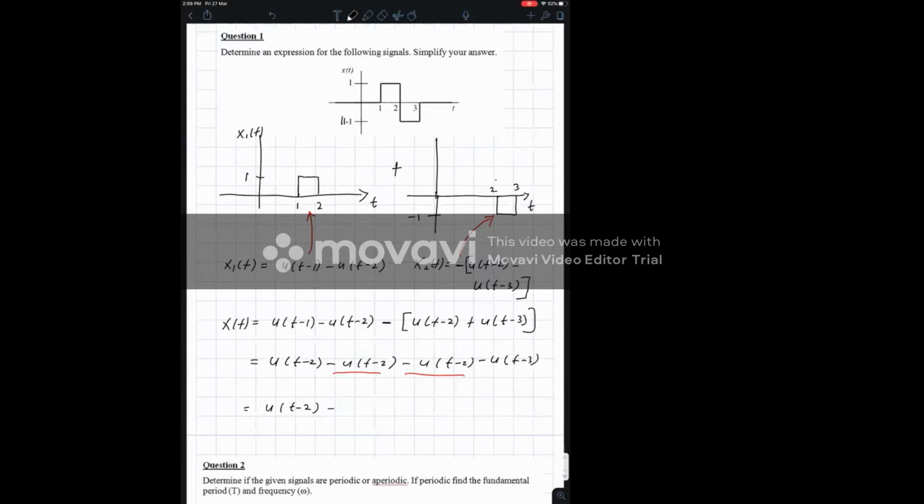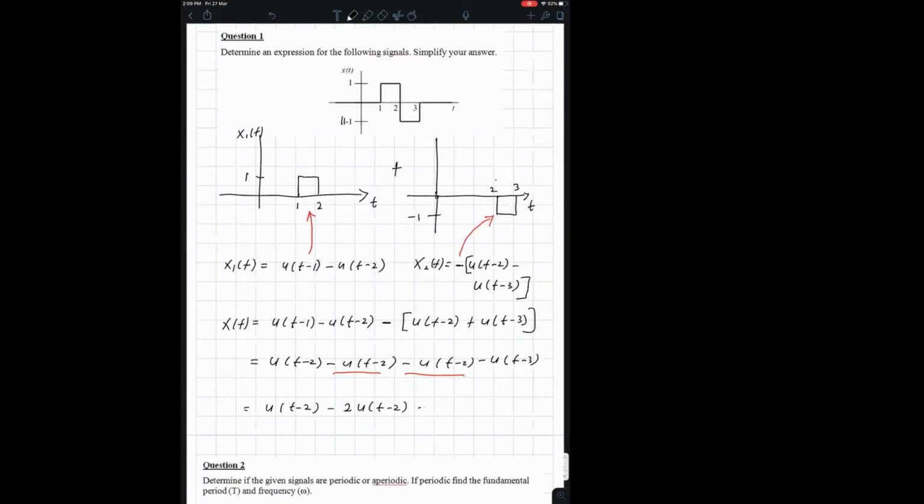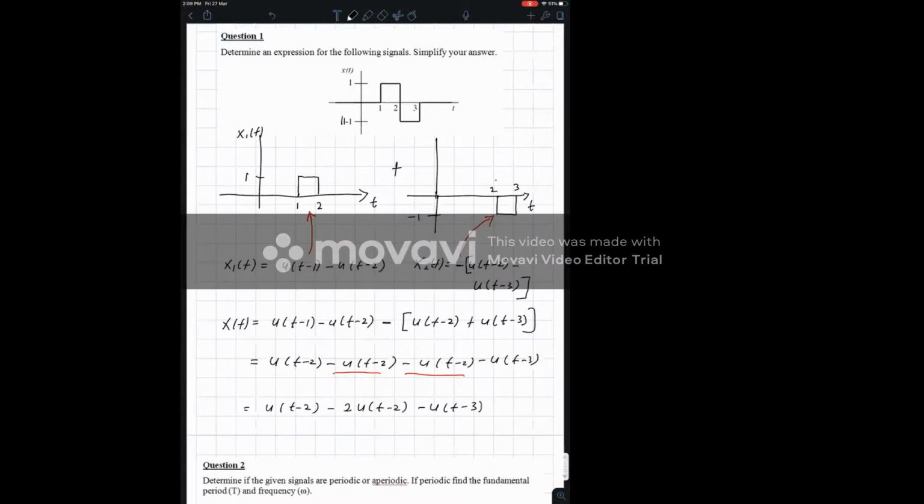There are two of them, so it's going to be minus 2u(t-2), minus u(t-3). So that is the answer, that's the expression that you want. Got any questions?